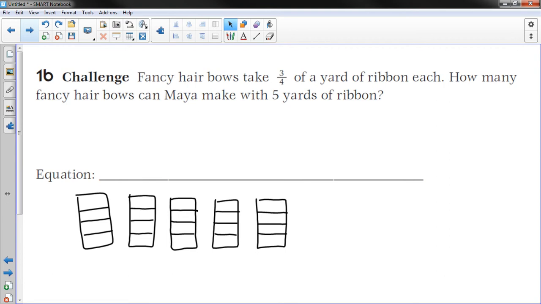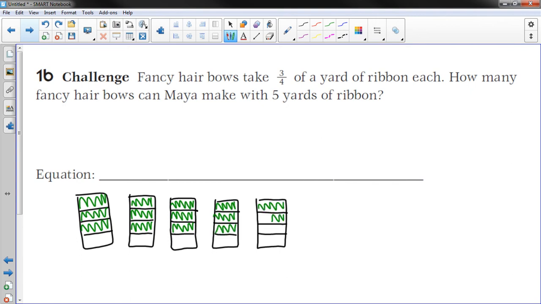There's 5 things. And I'm going to color in 3/4. Well, I know I have at least 5 fancy ribbons because I can get 3/4 out of each yard. So I at least have 5.